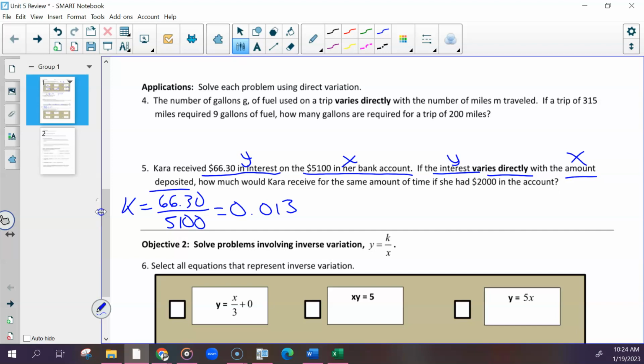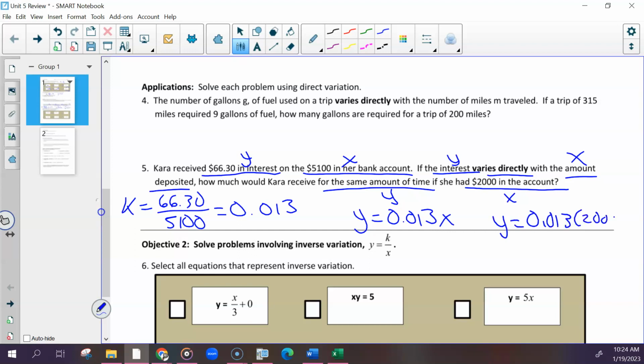Now it's asking how much would Kara receive for the same amount of time, if she had $2,000 in her account. So the number in her account would be x. The amount of interest would be your y. You can put this in your equation, y equals 0.013x. And then put in what you have, which is x, and solve. $26 what? Dollars.